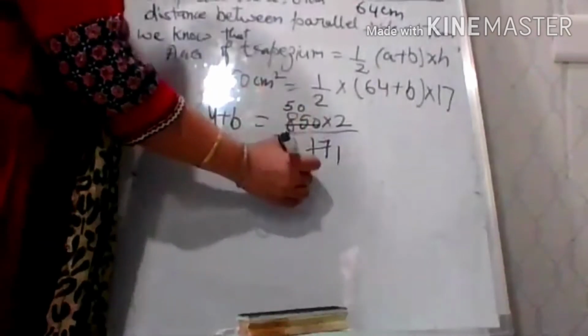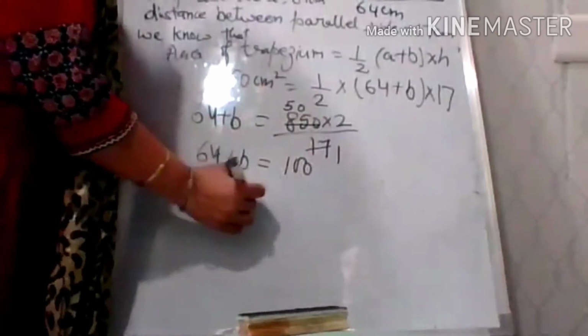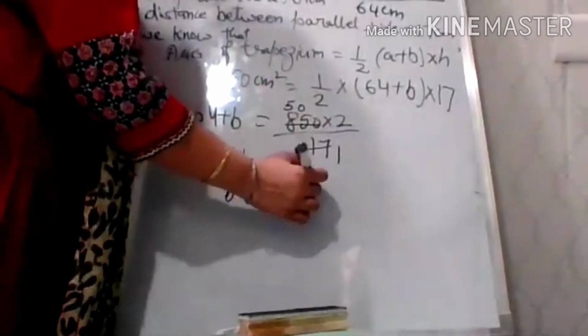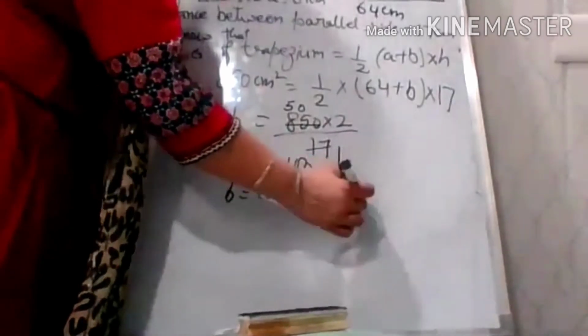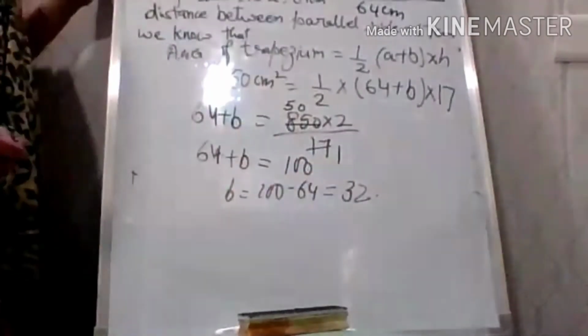So you were getting here 100. B is equal to 100 minus 64, that is equal to 36. So at last what you can say, 36 centimeter.